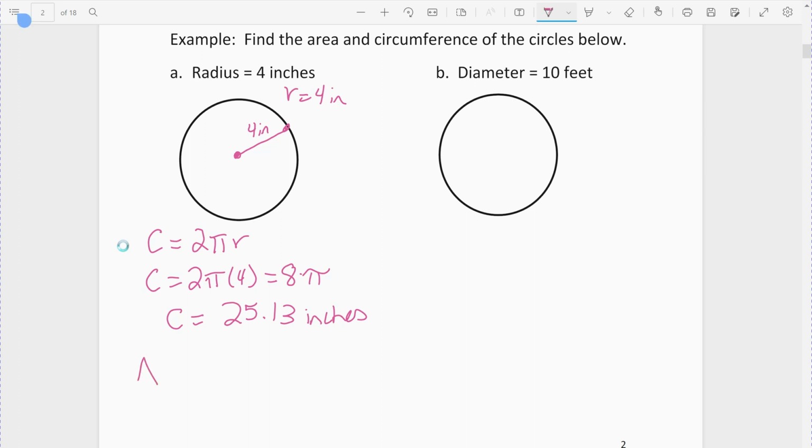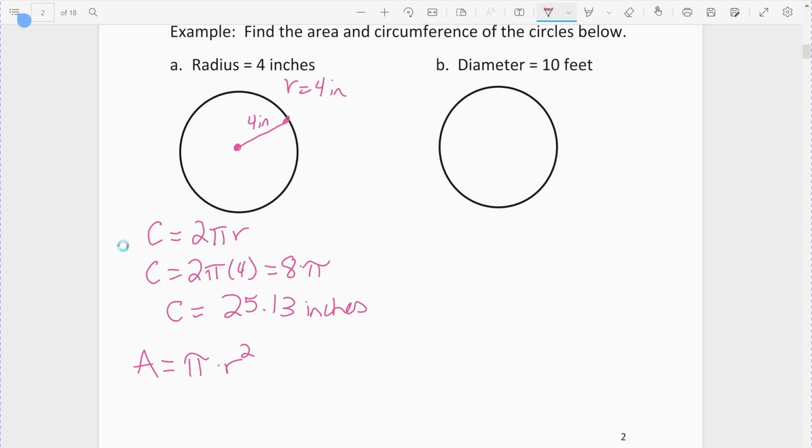All right, now the area of the circle. So area is pi times my radius squared. And so in this example, it's going to be pi times 4 squared. So I'm going to do the 4 squared first. So area is pi times 16, right? 4 squared is 16. And then I'm going to use the pi key on my calculator, times my 16.